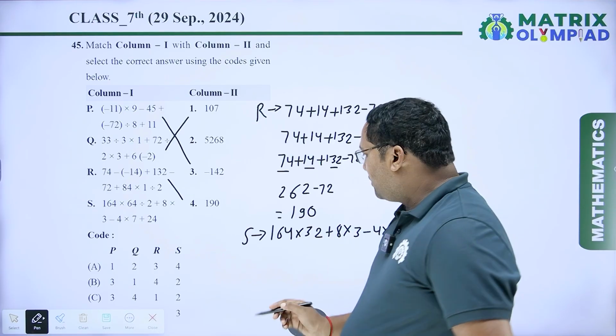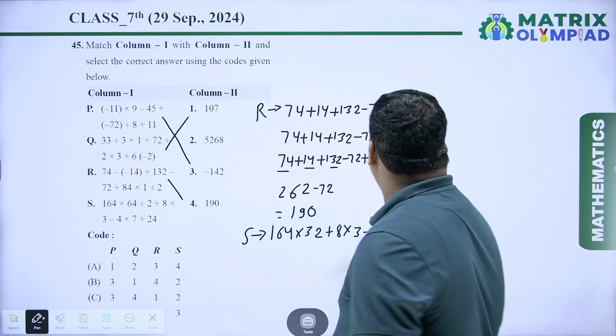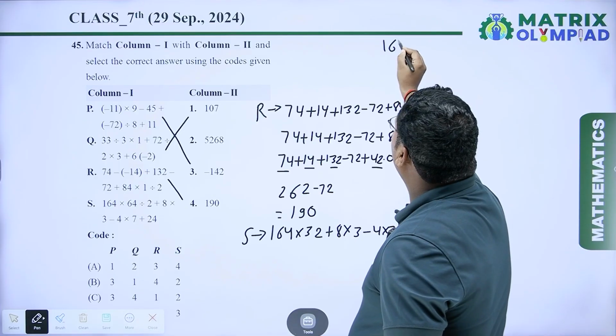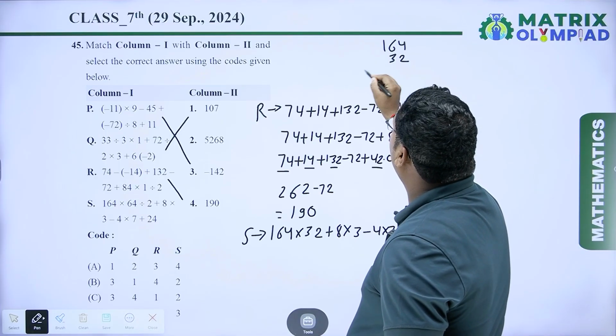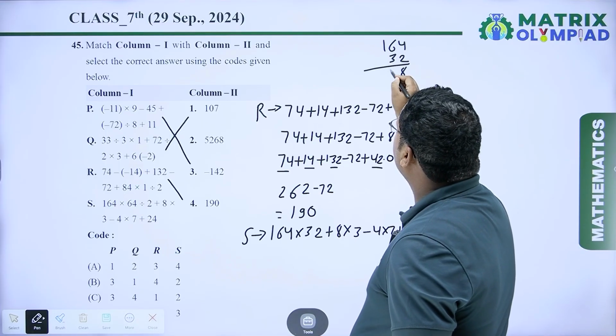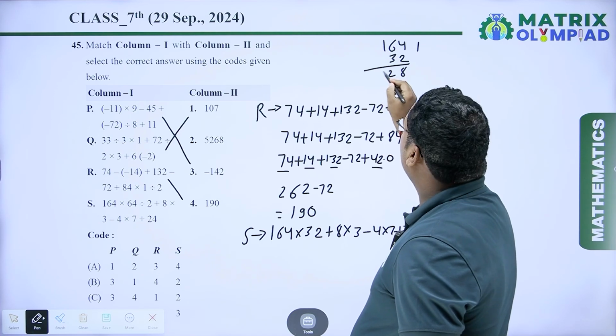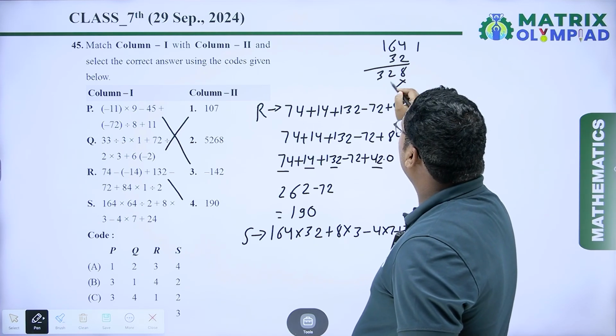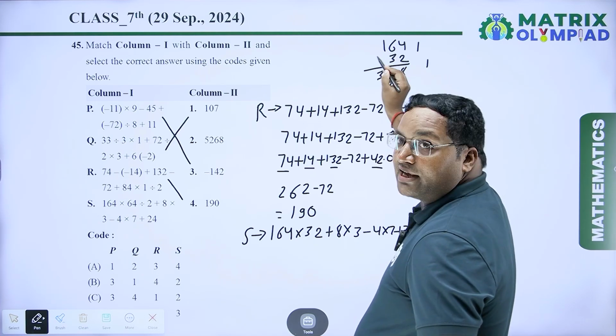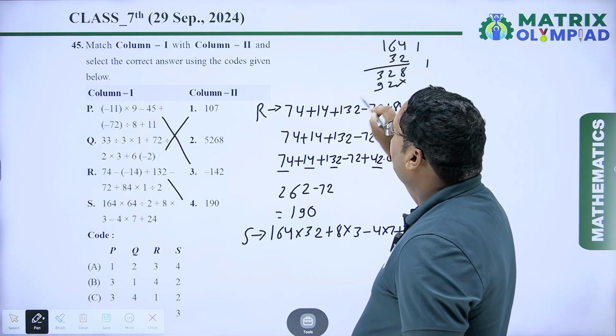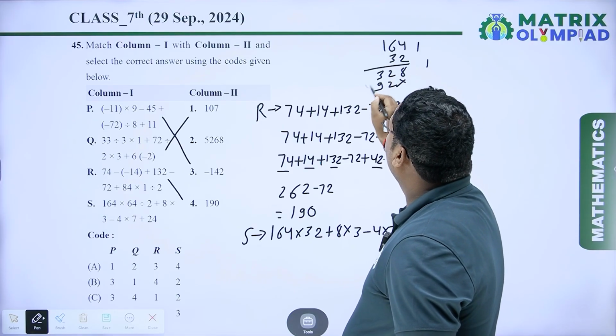So now we have to solve multiplication. So 164 into 32, we have to multiply here. 164 into 32, 2 4s are 8, 2 6s are 12, carry 1, 2 1s are 2, 2 plus 1 is 3, 3 4s are 12, carry 1, 3 6s are 18, 18 plus 1 is 19, carry 1, 3 1s are 3, 3 plus 1 is 4.